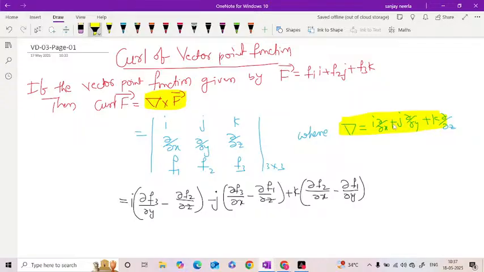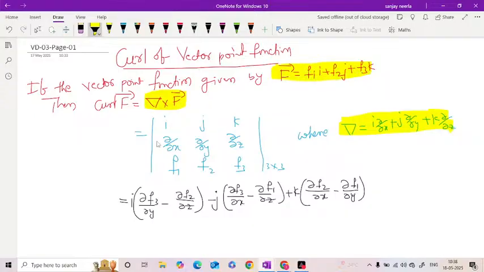That means del is i dou by dou x plus j dou by dou y plus k dou by dou z. The curl of vector f is the determinant of a 3 by 3 matrix. The first row is i, j, k, the second row is dou by dou x, dou by dou y and dou by dou z, and the third row is f1, f2, f3. Here f1, f2, f3 are the components of the vector point function f.